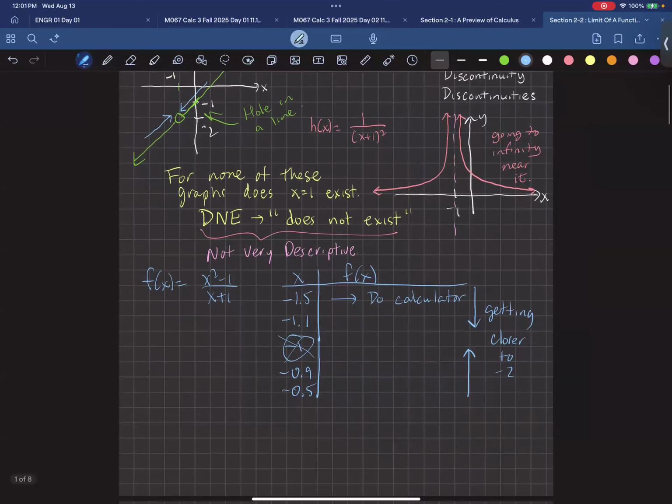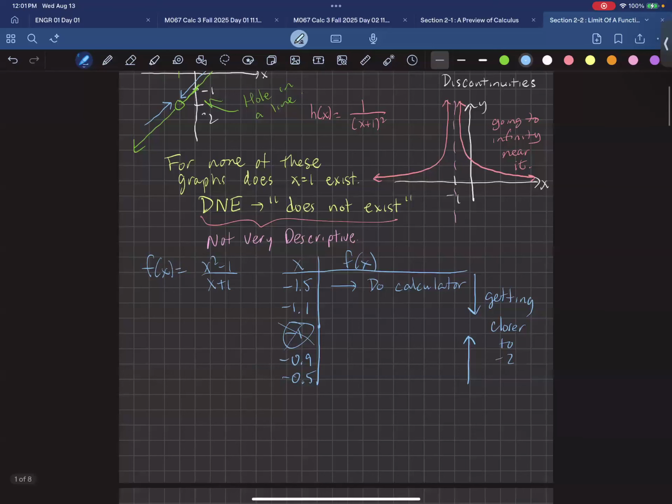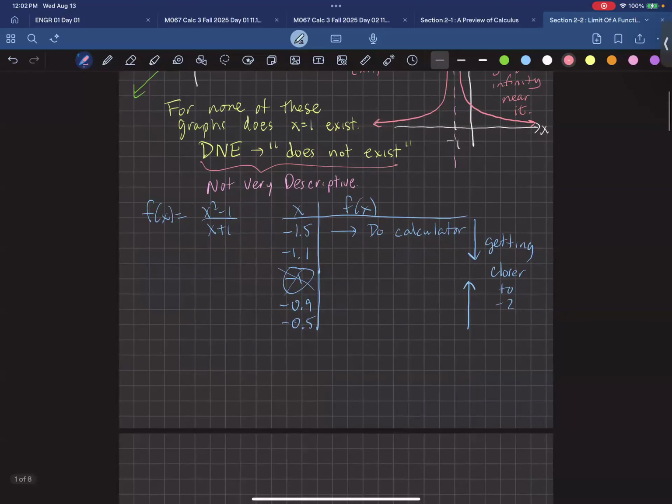So when something like this happens, even though it doesn't exist there, what we say is, this is called the limit of a function. And we use LIM to describe it. The limit of a function as x approaches some value a.